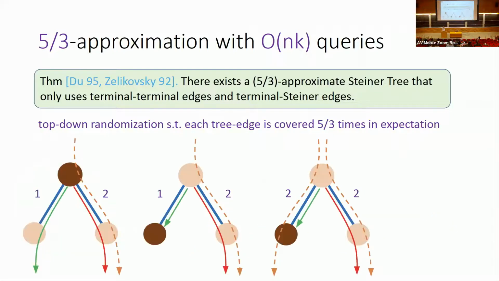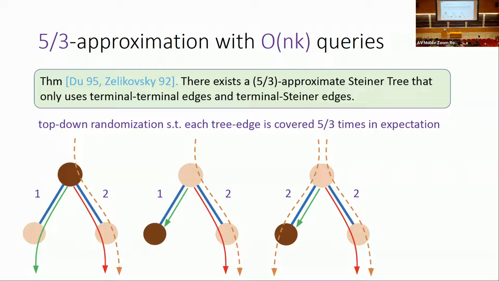So we are not going into the very detail of this delicate top-down randomization process, but the idea is for every standard vertex, one of the 3 possibilities will happen, each with probability 1/3. So either it decides to stay and pass along some tasks from the root and create a pair of new tasks to these children, or it passes along in this way, or it passes on to both of the children.